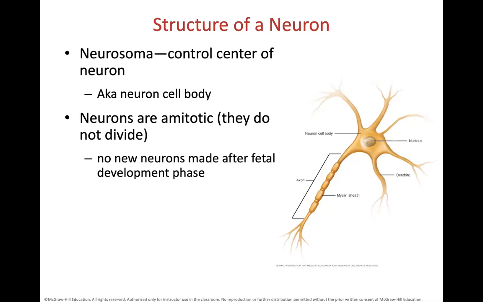But it is really important to note that neurons are amitotic. That means they don't divide. They don't make any more of themselves. After fetal development, you don't make any new neurons. So you want to protect your neurons as much as possible. That's why damage to the nervous system can have essentially irreversible effects a lot of times.